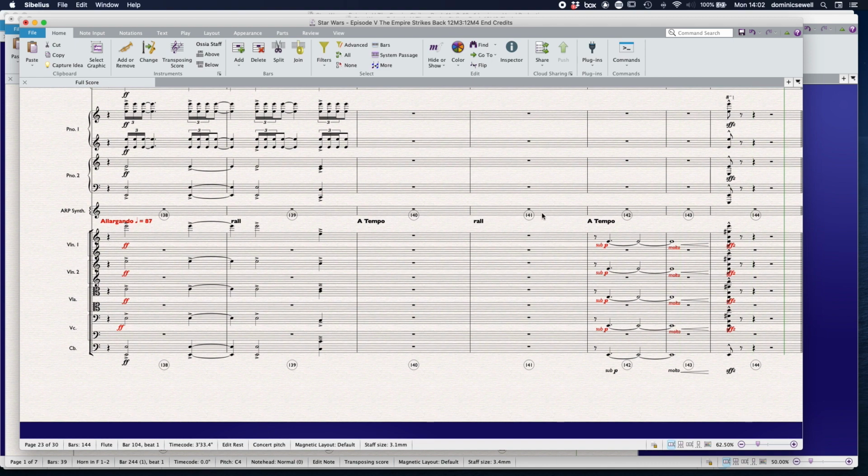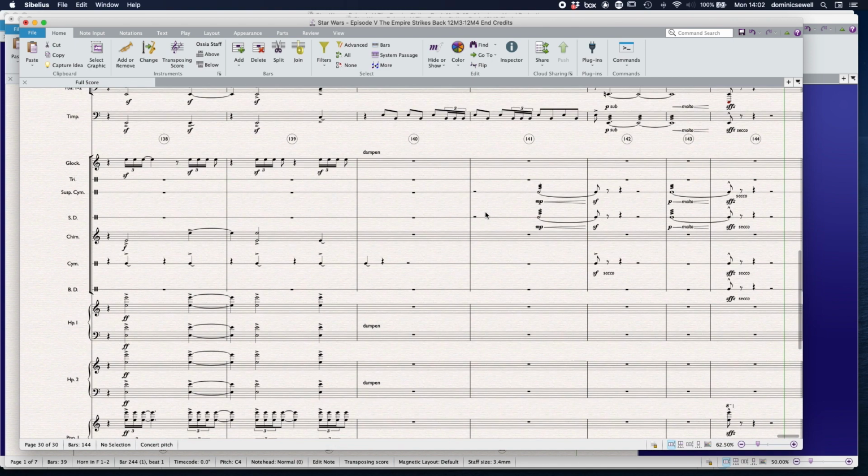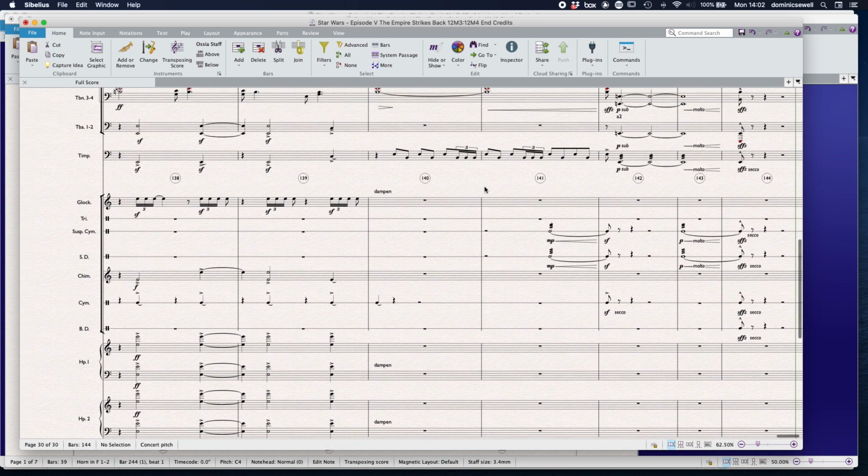There we go. Weird note performer, sort of can't seem to play any louder than it did there.